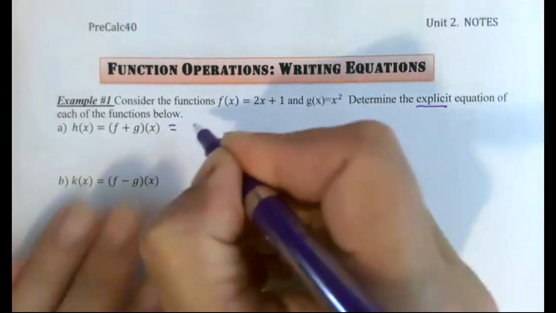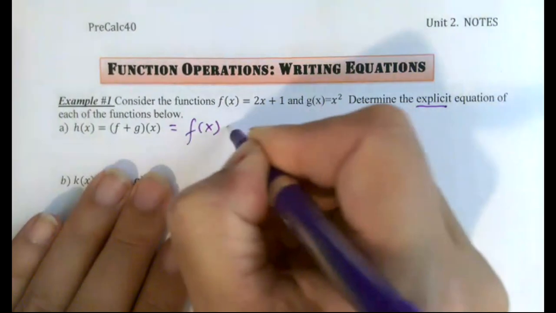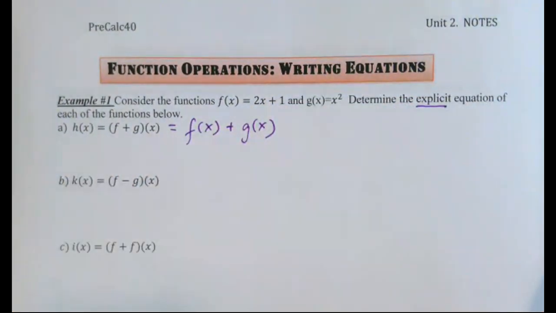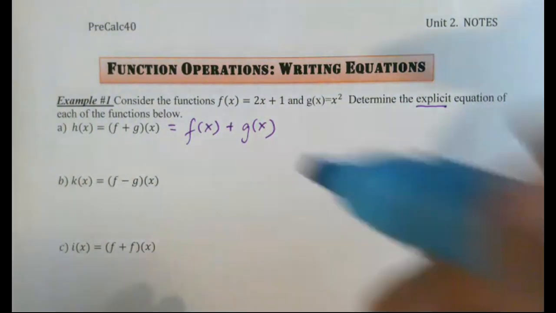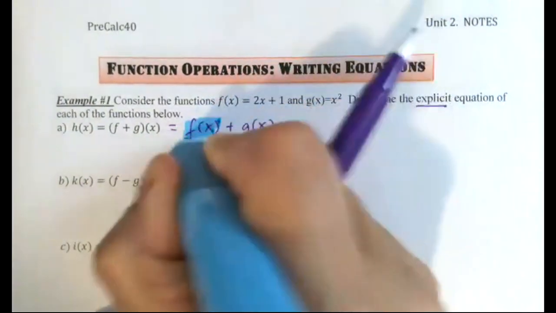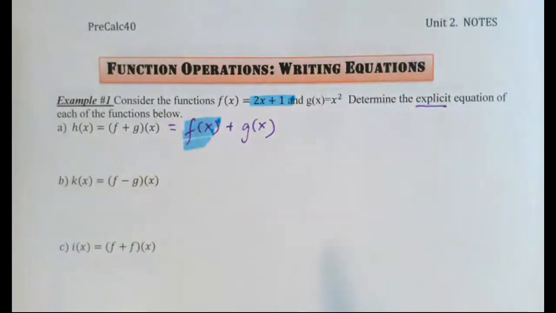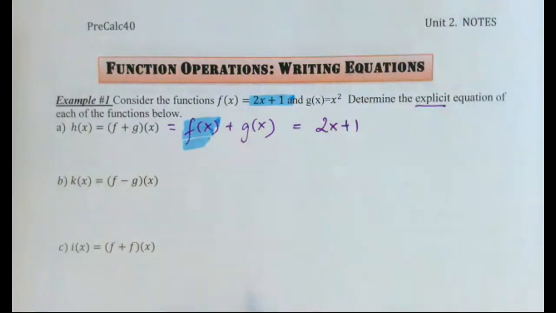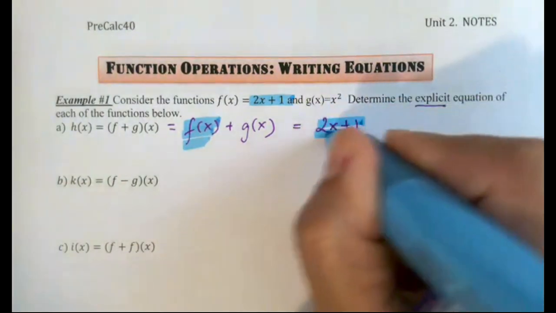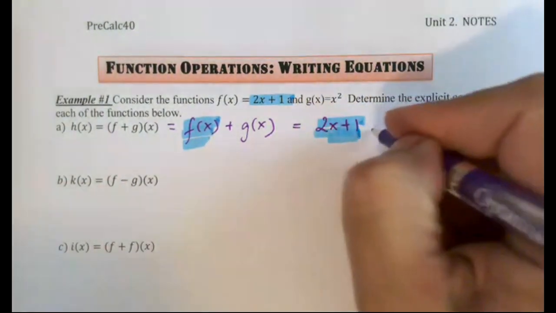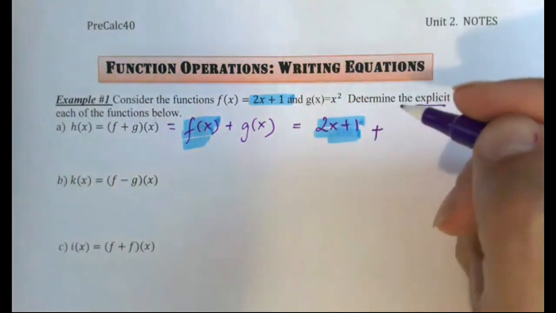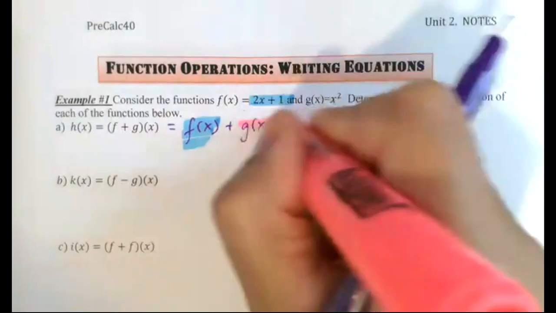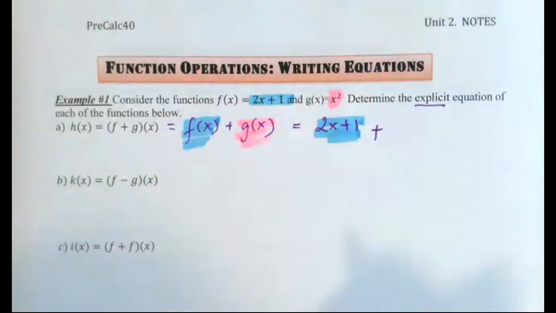It's going to be the sum of f and g. So I like, again, to write it with the separate notation, f of x plus g of x. F of x is 2x plus 1, so you're just going to write that 2x plus 1 there, plus g of x, which is x squared.